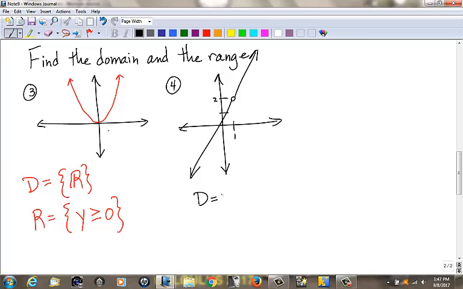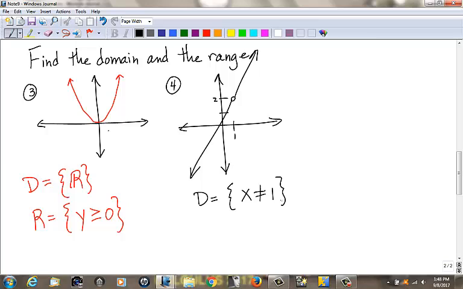Where's the open circle? What x value? 1. It's an open circle. X is everything else, right? So x cannot equal 1. It's an open circle. So that means it's not included in the graph. Every other x value, if you extended that line on out, every other x value is used.